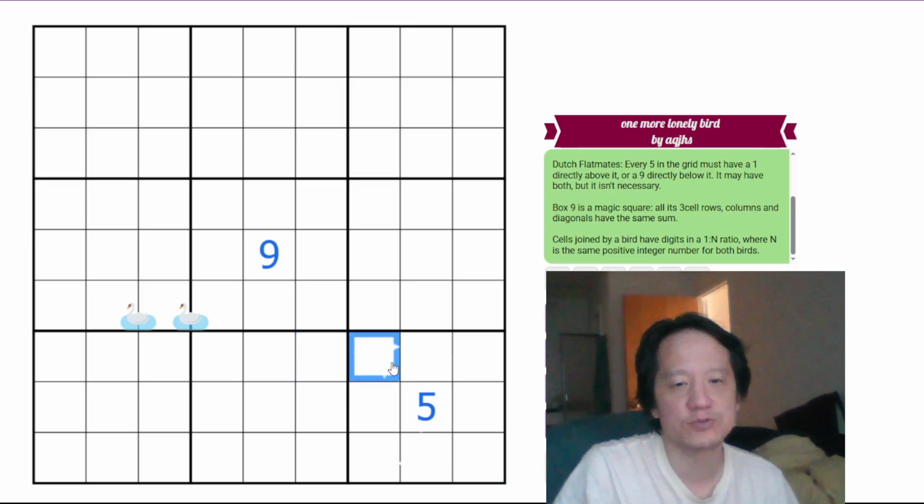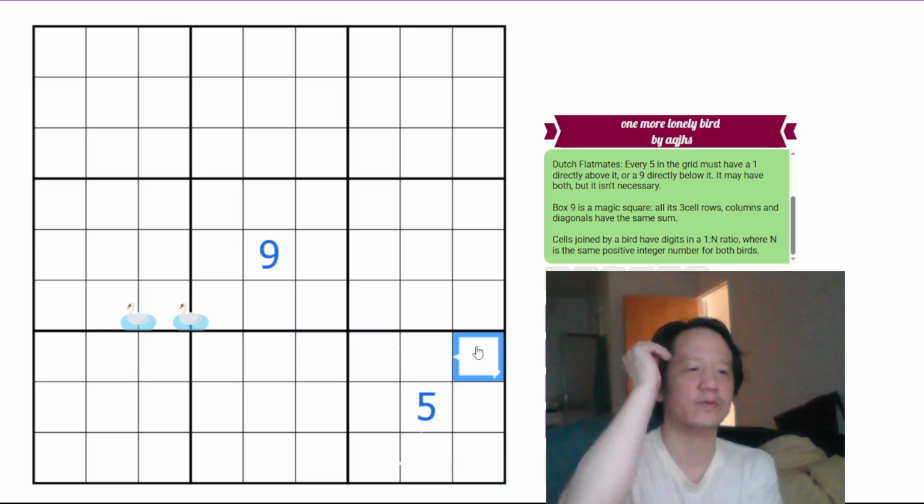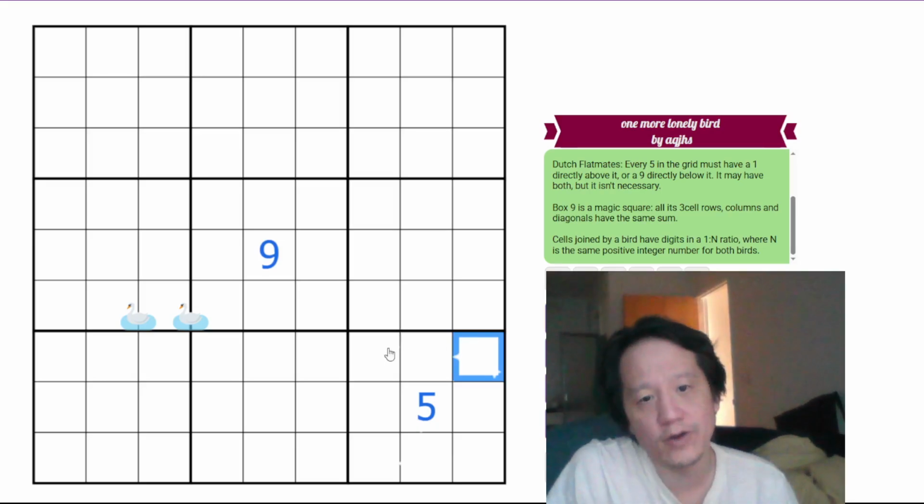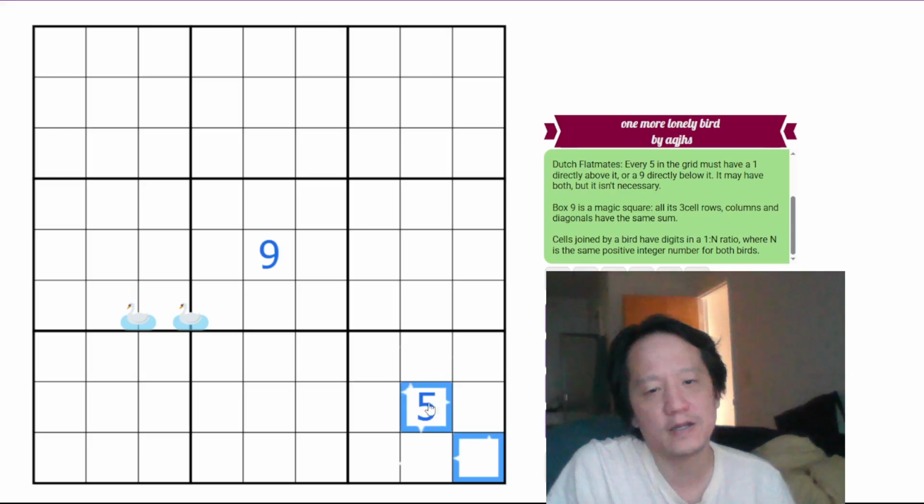The problem is 3 and 7 also have that same problem, right? Because say you have 3 and 7 on the corners. The problem is 1 and 9 have to be in the middle box somewhere.